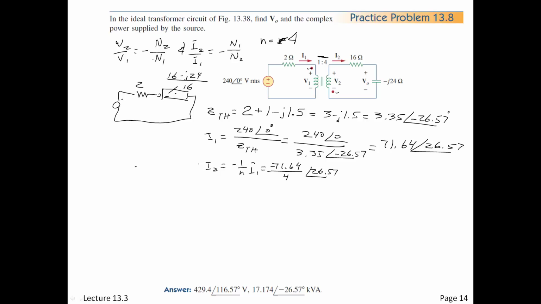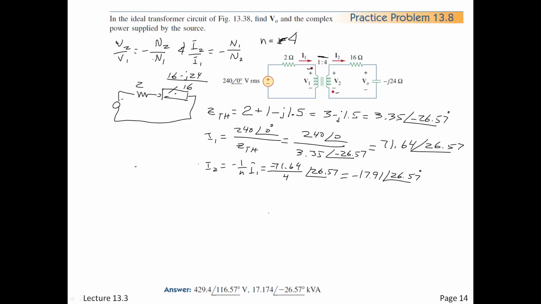Okay, so if I clear that all out, well, we can just leave it for right now, except this will be 4 into 80, some number a little bit less than 20. So it's going to be minus 17.91. I used a calculator at 26.57. Okay, which we'd expect the phase current there to be the same. Okay, so that's I1 and I2.